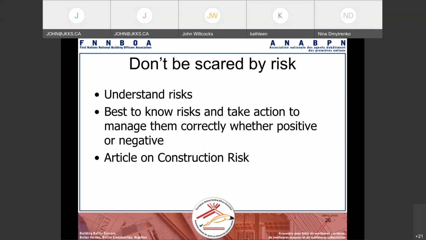But in our conversation on risk, what's happening because of construction cost on new builds is that many of the First Nation communities are undervaluing their insurance on new builds. So, for example, if you have insurance on a home of, let's say, $300,000, COVID is adding, as we know, anywhere up to 40% cost.